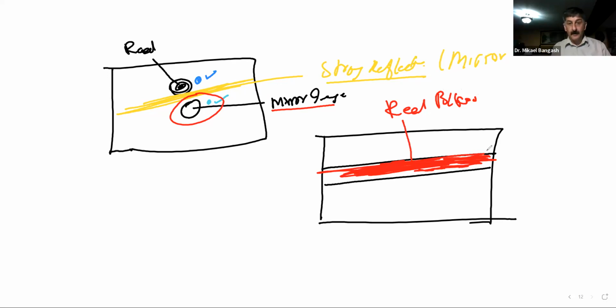Or what we may have, deeper to this blood vessel here, is any structure that produces a strong reflection. So that would be a strong reflector. Any structure lying deeper to the blood vessel here that produces a strong reflection, that strong reflector is going to act as a mirror.